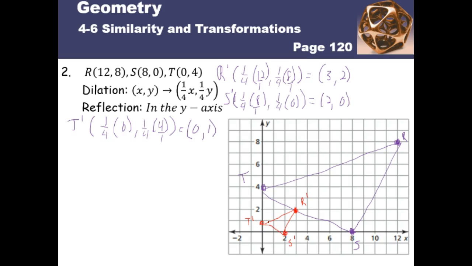Now we have to reflect in the y-axis. And really, I barely left enough space. It wasn't me, it was the book that made this. But again, let me highlight the y-axis. So we're reflecting over this line.